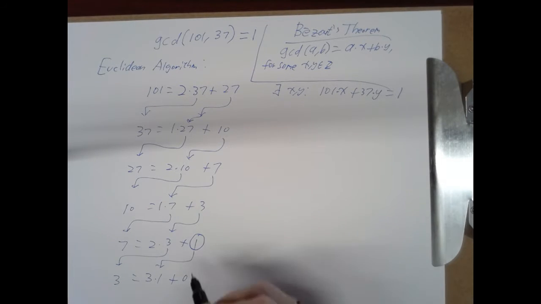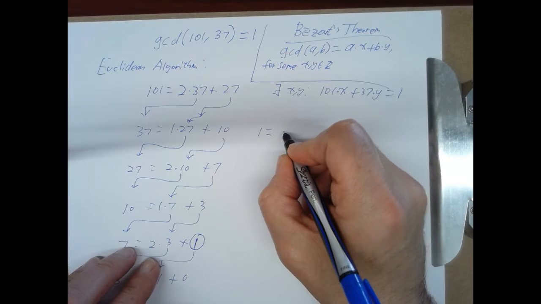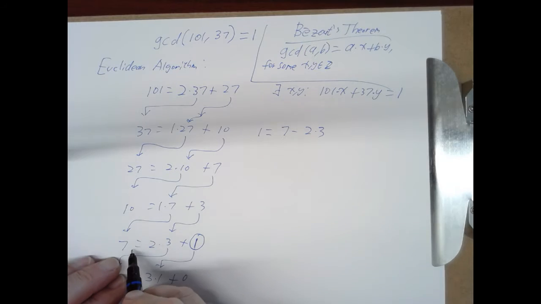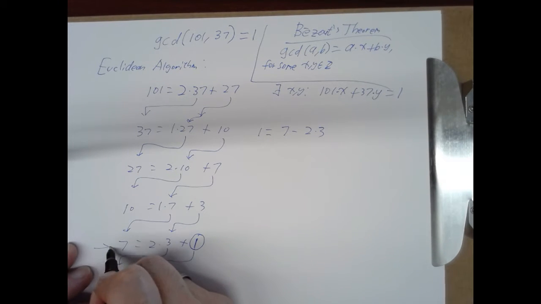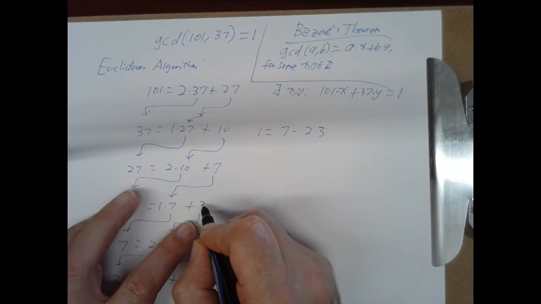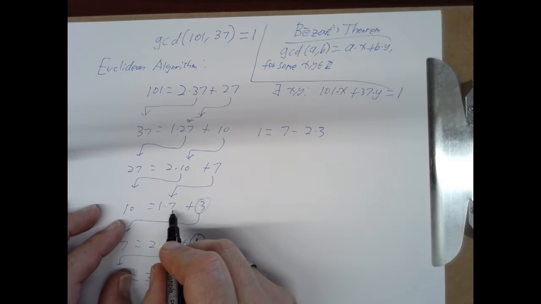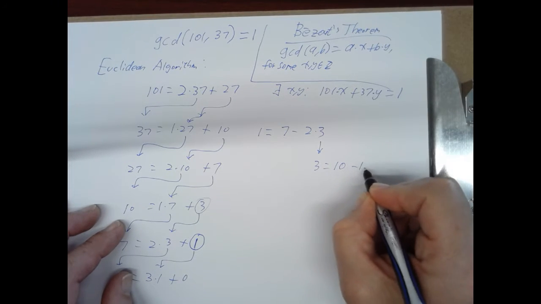So what we can do is we can take this GCD 1 and we can write this as 7 minus 2 times 3, just sort of reversing this equation here. Just carrying the 2 times 3 on the other side. So that's just 1 equals 7 minus 6. No surprise there. But this 3 we can write in terms of 10 and 7. So 3 is equal to 10 minus 1 times 7.